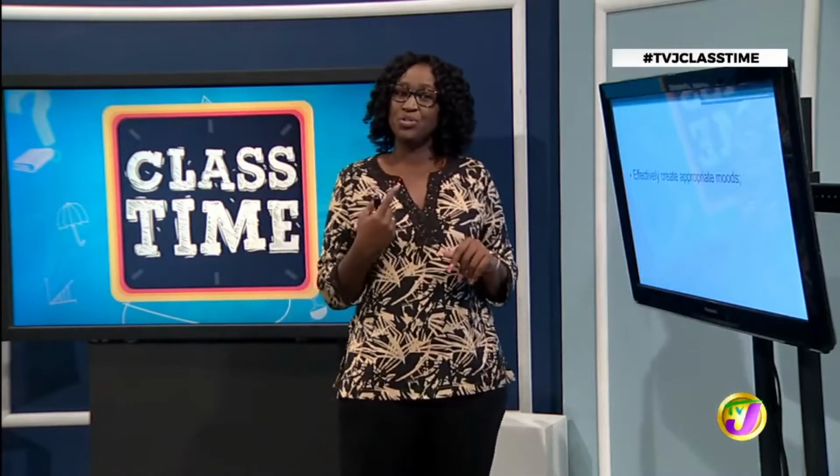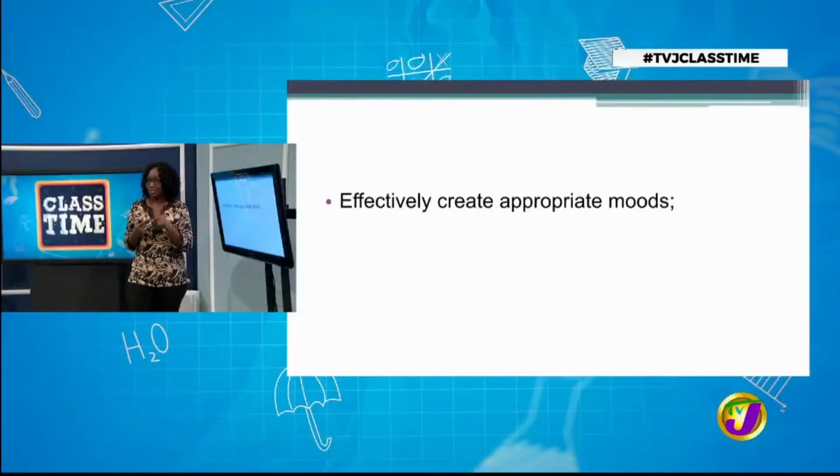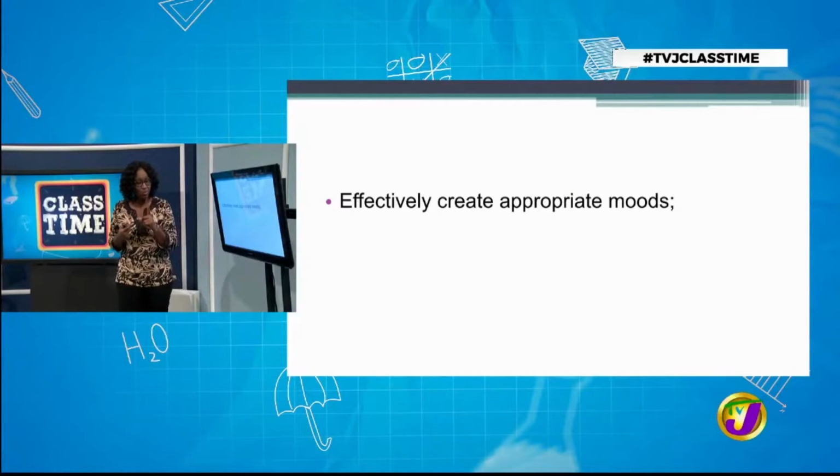You want to make sure you create appropriate moods because you can create moods and it's not the right mood. So in our story, we had tension and everything in the story contributed to that tension. So we couldn't have one of them just laughing or giggling or going through his phone and watching YouTube videos.